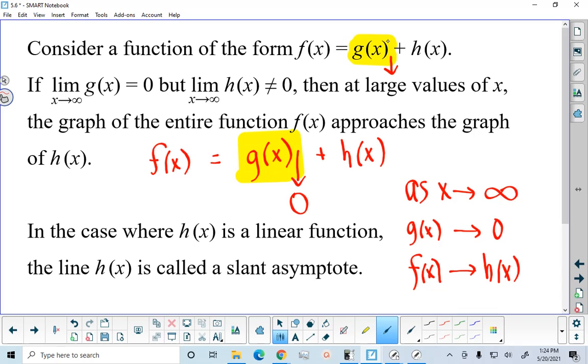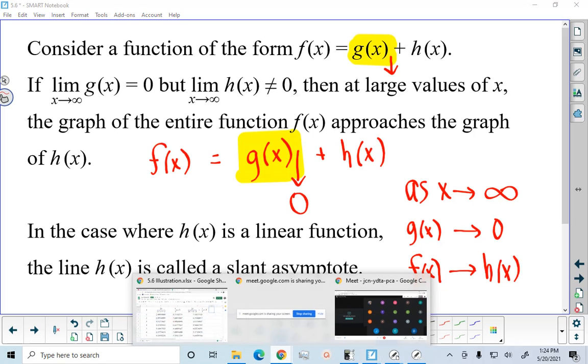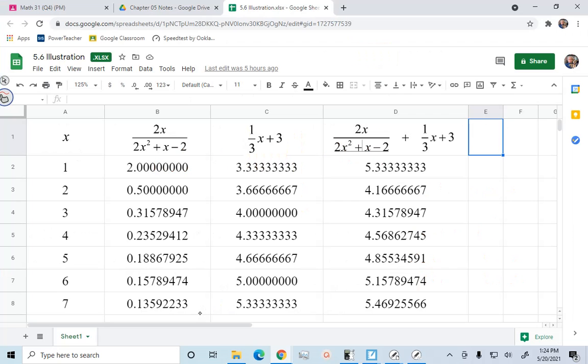Let me show this to you numerically before we get to an actual graph. The graph is right in front of you. If we take a look at the function that's in your handout, it is what is in column D of this spreadsheet.